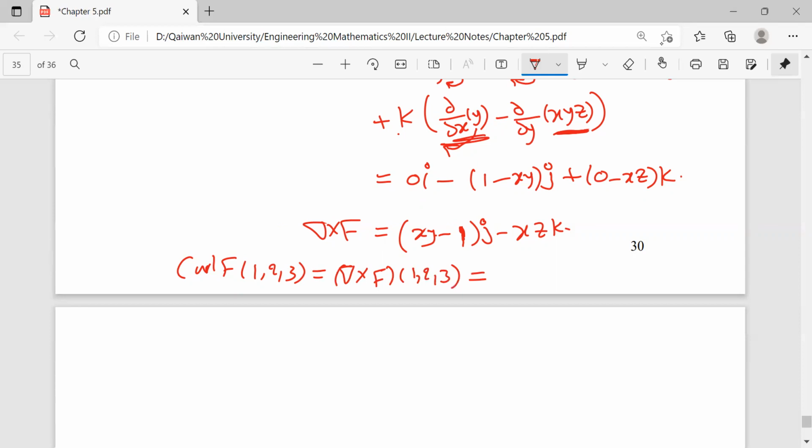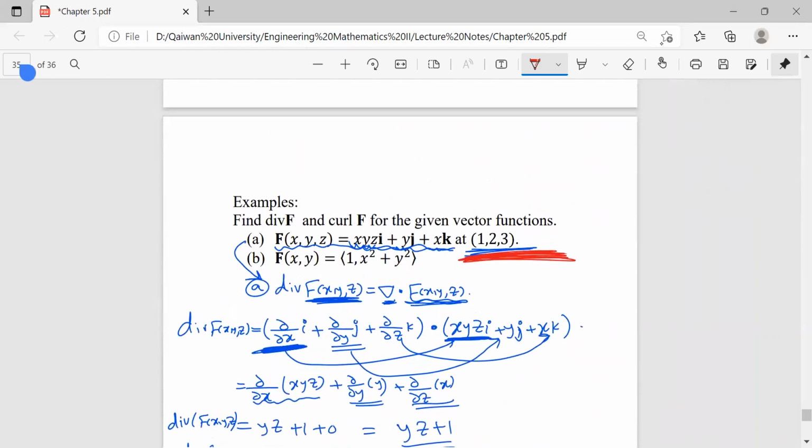We replace each x by 1, y by 2, z by 3, and you get 2 minus 1 was j. Here we get 2 minus 1 is 1, and you get only j. Minus xz, 1 times 3 is 3. This is the curl of that vector field at that point.